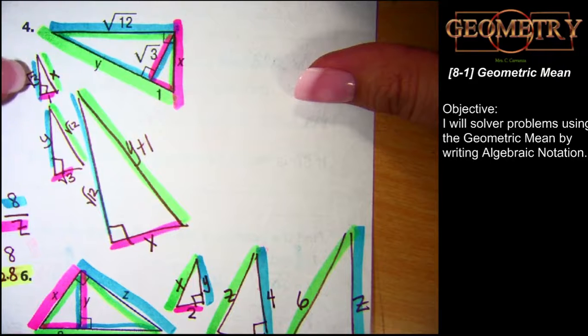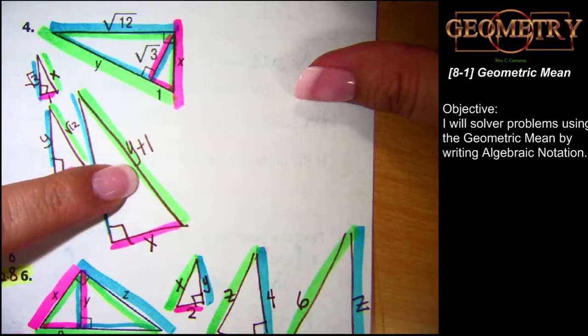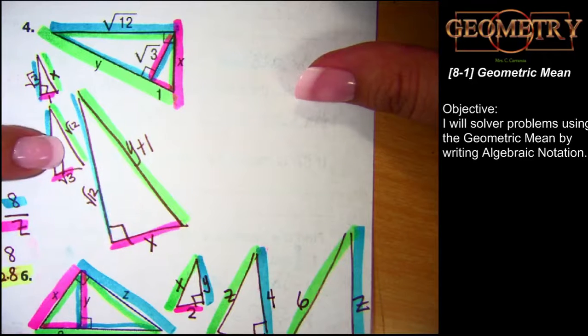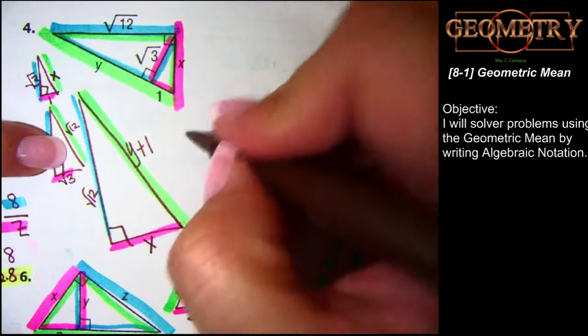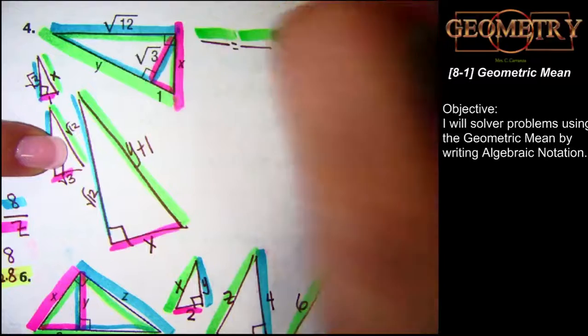Okay. Now, this X here, I could use this one, the green and the pink. I don't want to use this one for the green and the pink to find the X because it gives me another variable Y. So I want to use this one. Right? So I'm going to set up my proportion with the green and the pink.